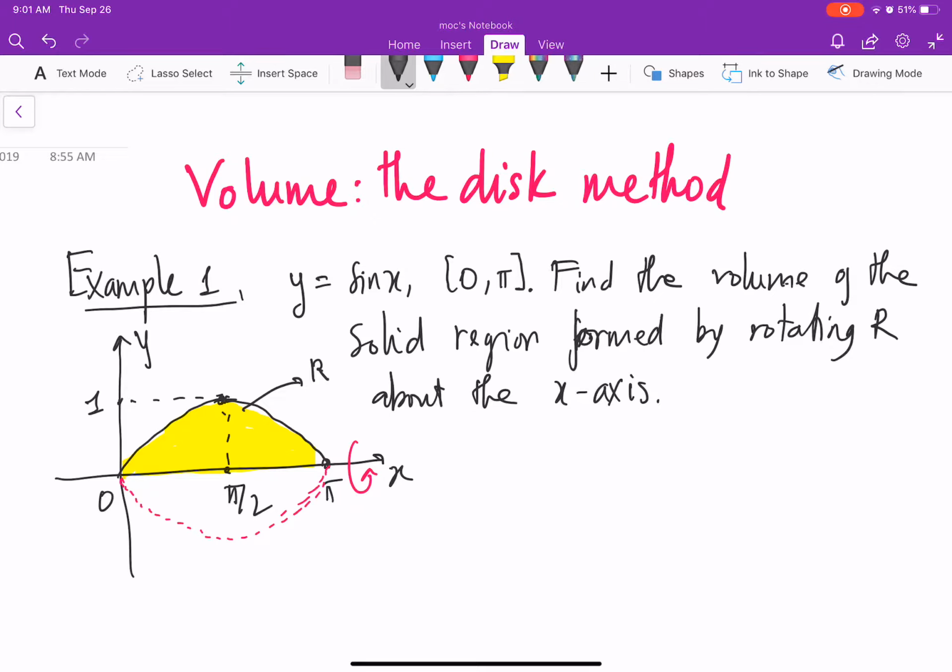Okay, so now let's talk about the idea how to find the volume. The main idea in integration is, firstly, we need to split our object into small pieces. Secondly, we approximate each small piece by some well-known figure, right?